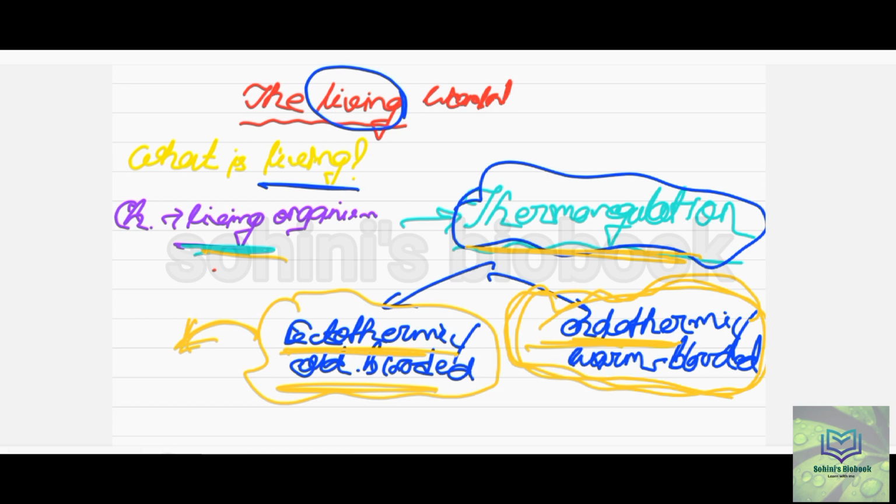Okay, and there are some endotherms that go into aestivation during high temperature. They slow down their body movements, and this is known as summer sleep. In the case of some organisms in deserts, we can see the aestivation process.